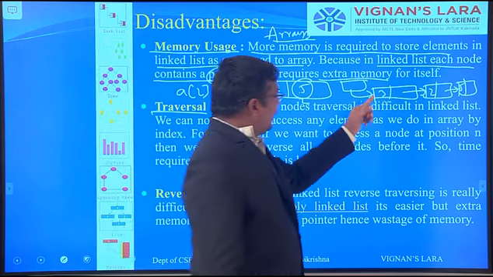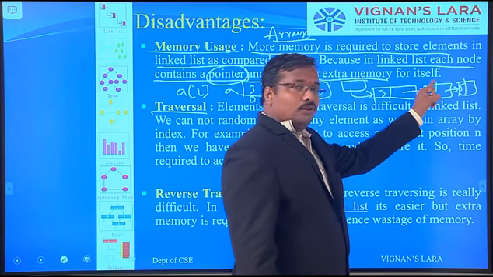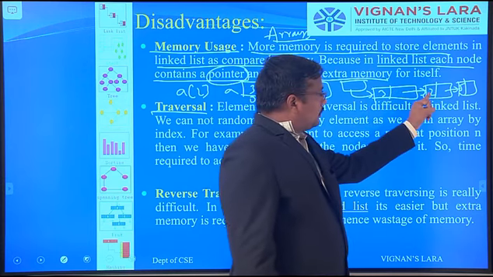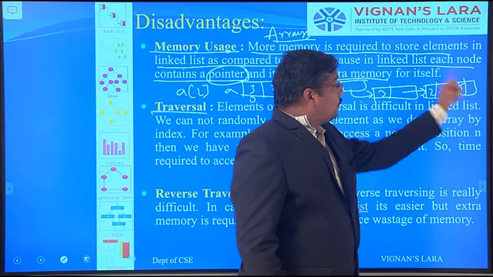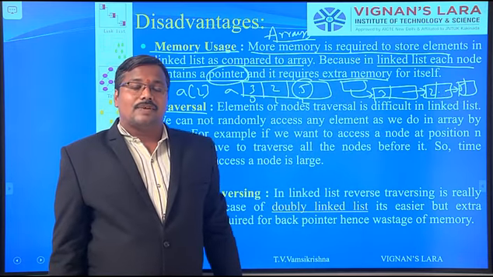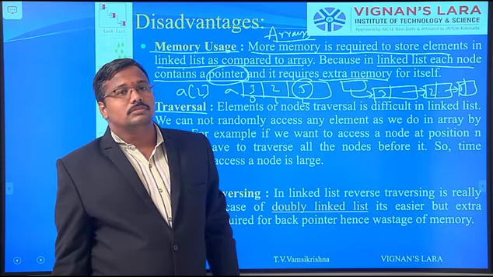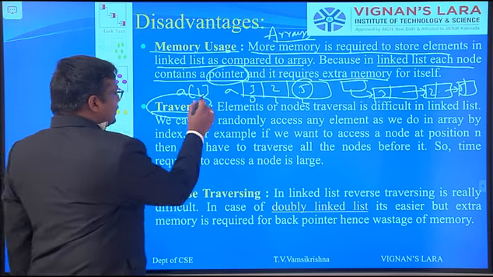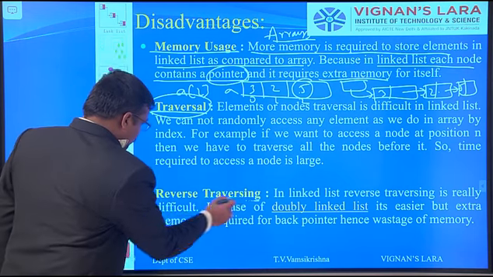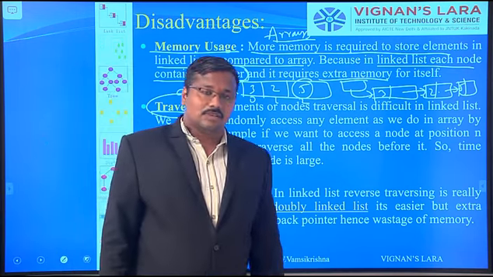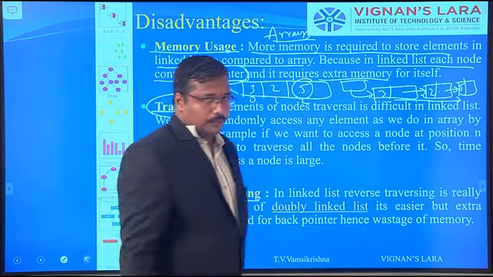Why? Because when you go to 3, only then are you accessing this address. By using this address only, you go to this node. Then you again access the data and get some address, and by using this address only, you go to the next node. That's why linked list is called the indirect addressing mode, and traversal is somewhat difficult. And reverse traversing: recently I told you that in a single linked list you can travel in the forward direction only.